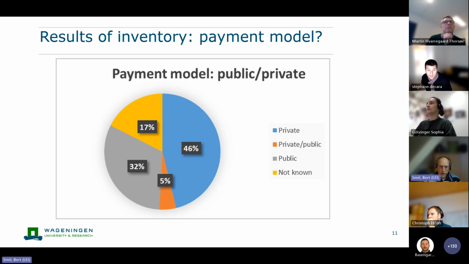We saw in our inventory that almost half of the schemes were paid in a private way, so mostly by value chain partners or by parties that paid on a voluntary carbon market basis. A third was from a public source, and there was also 5% that had a mixed form of payment, public and private both.